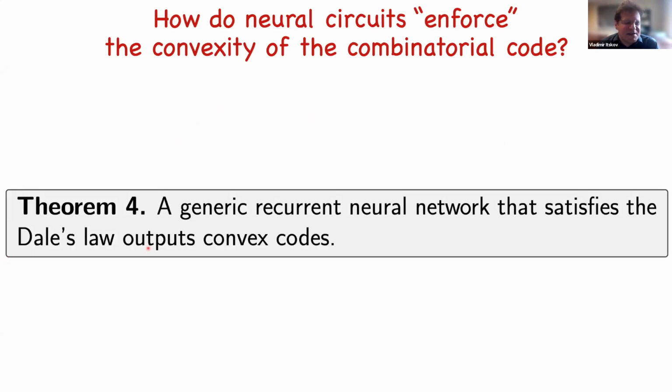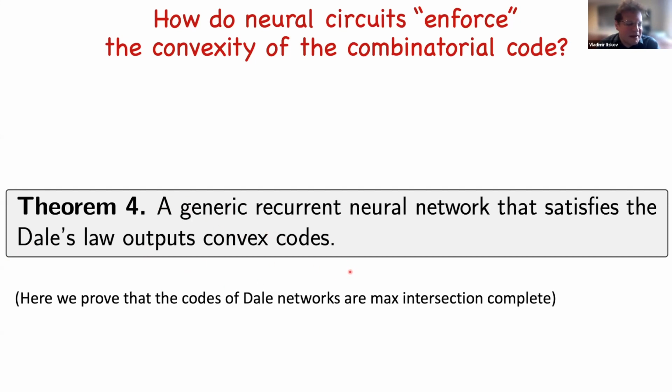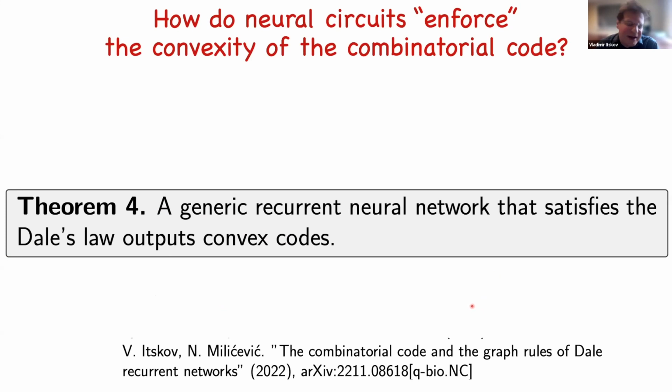And here is the answer. A generic recurrent network that satisfies Dale's law actually outputs convex codes. And the way we proved it was by proving that the code is max intersection complete. So it relied on our earlier work about convex codes. This is a very brief version of this theoretical development. If you are curious, you can find this in the preprint we put on arXiv.